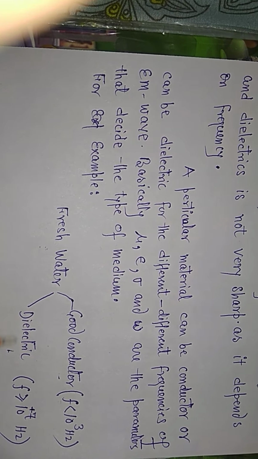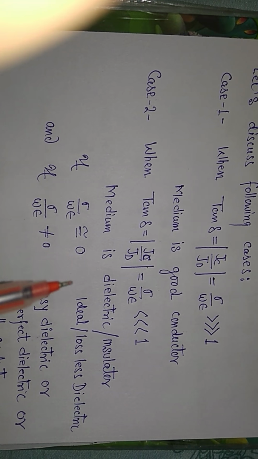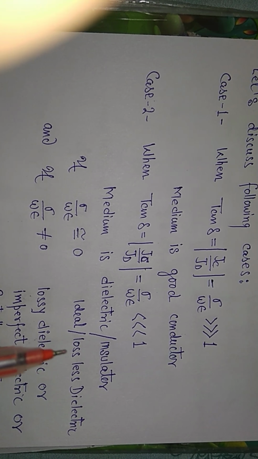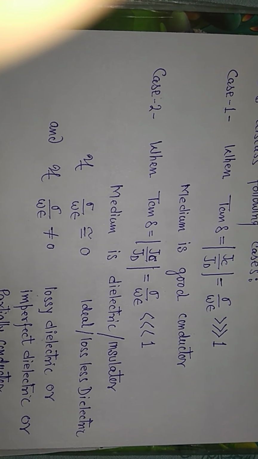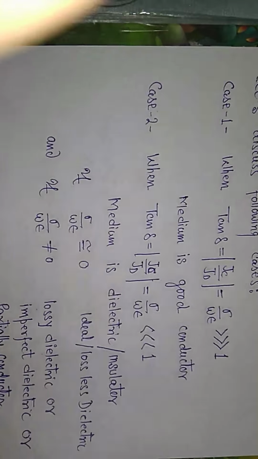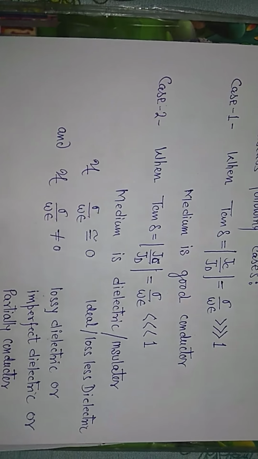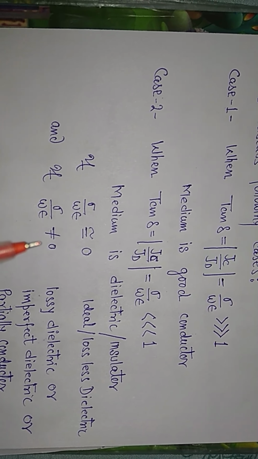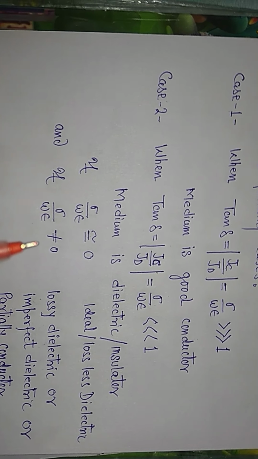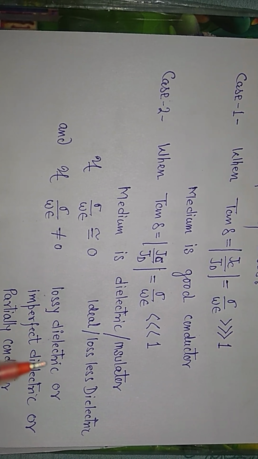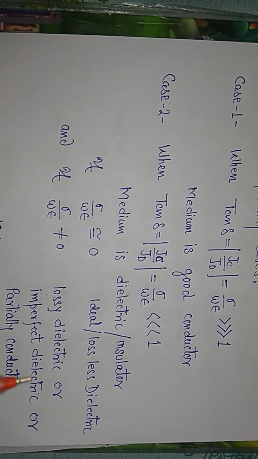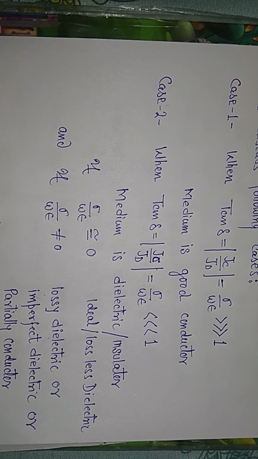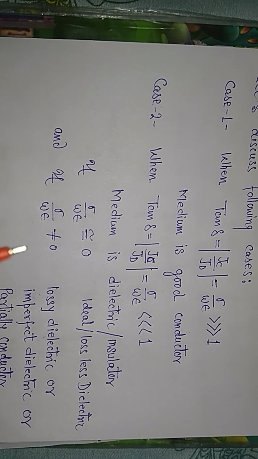If this ratio is approximately equal to 0, the medium is known as an ideal or lossless dielectric. And if the ratio is not equal to 0 but slightly greater than 0, the medium is known as a lossy dielectric, imperfect dielectric, or partial conductor. This is the classification.